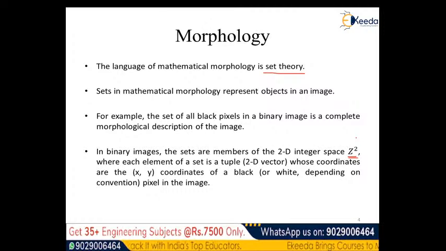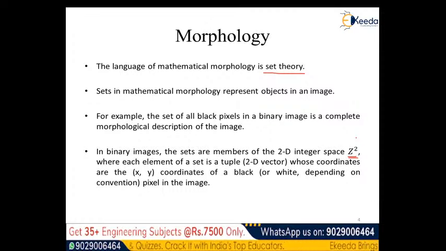So for binary images, as we have 2 dimensions to hold and represent that information, the 2D integer space is represented by Z squared, and with respect to this space we are going to define the fundamental morphological operations, erosion and dilation, using the set theory background. Here each element of the set is a tuple whose coordinates are the x and y of a black pixel in the image.